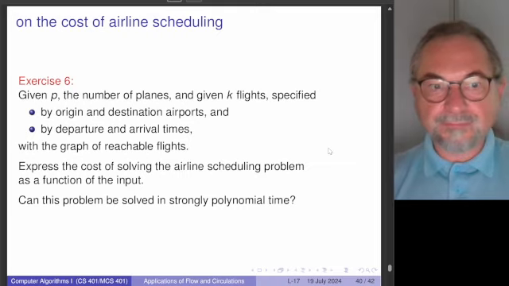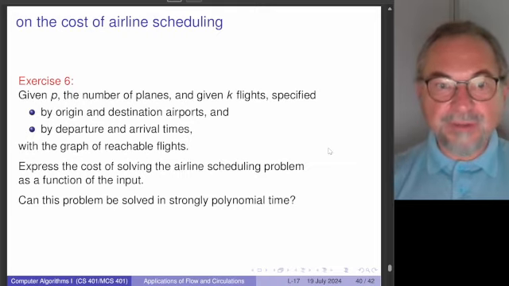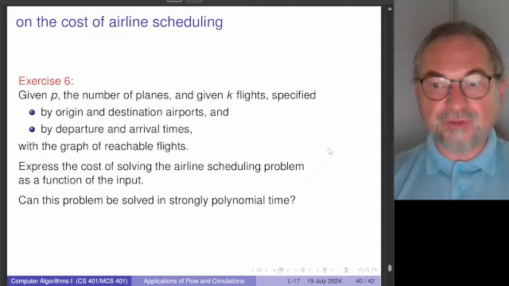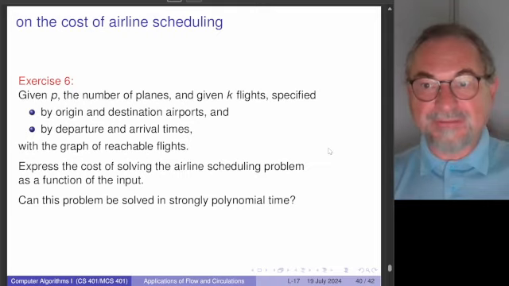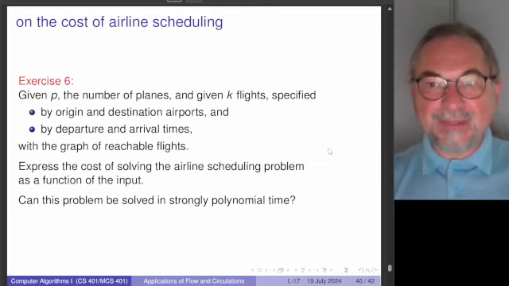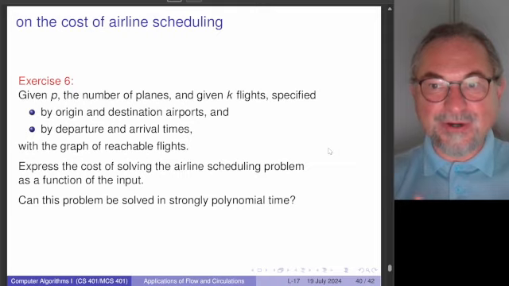Therefore, we do have a strongly polynomial time algorithm. Another, much shorter way of saying this is that the capacities were all 1 and the lower bounds were 0 or 1.